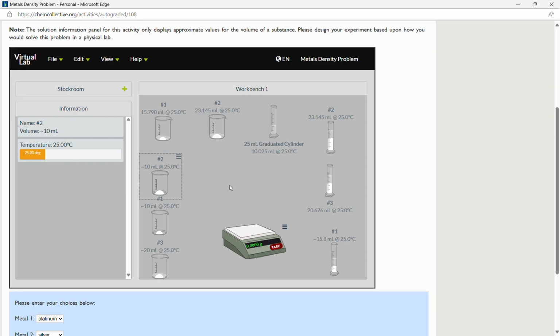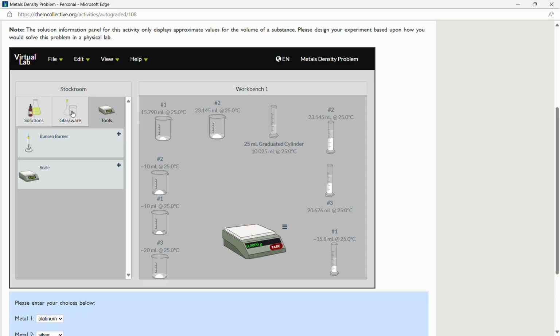I remembered writing down all of the transferred amounts of metals into these beakers. I had 3 beakers right here, and I repeated the process for all 3, for metal 1, 2, and 3. For the first one, the amount I transferred was 123.66 grams into number 1, all by itself.